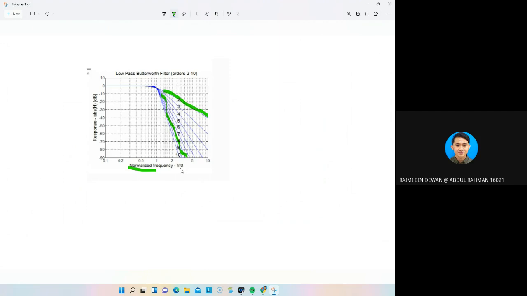Just for your understanding, for example, if the frequency is normalized by 50 megahertz, you divide by 50 megahertz. So it is normalized frequency to 50 megahertz. It is not frequency, so here it is normalized frequency.